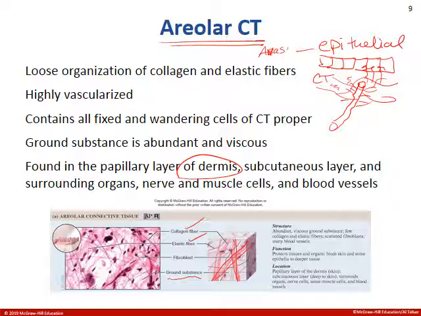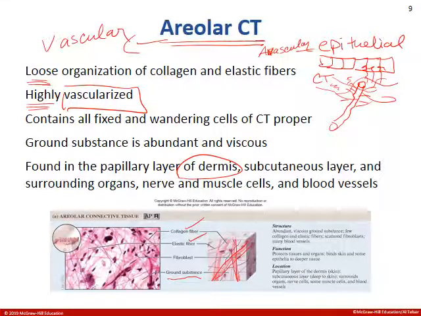I'm skipping letters. And then connective tissue, this areolar connective tissue is going to be vascular. If you want to memorize these adjectives here, you can. For right now, I just want to make sure that you understand connective tissue is vascular.